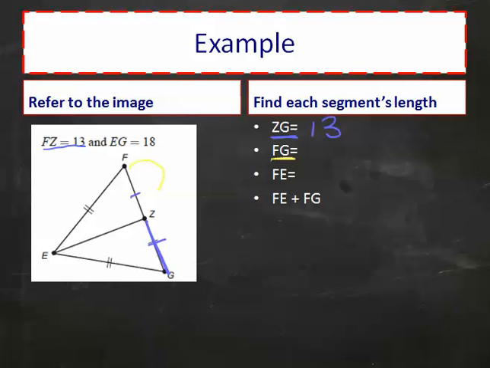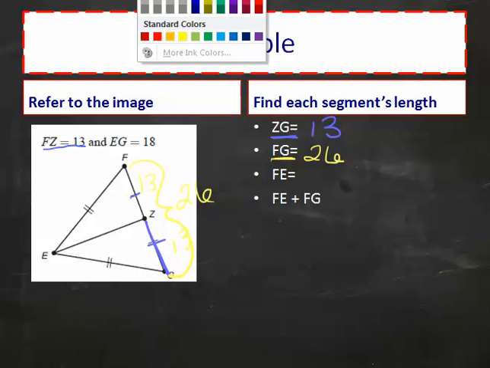FG is this whole length. Well, if FZ is 13 and ZG is 13, add those two things together and you get 26.